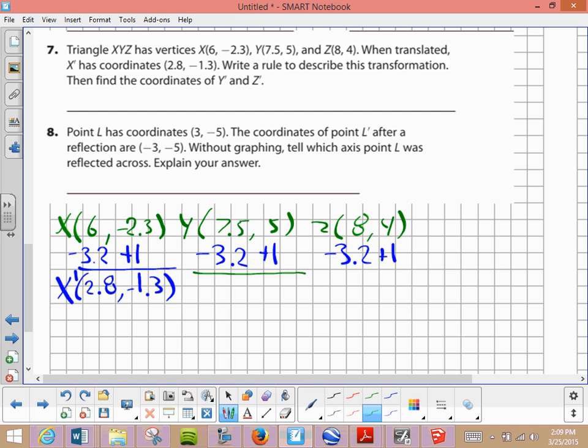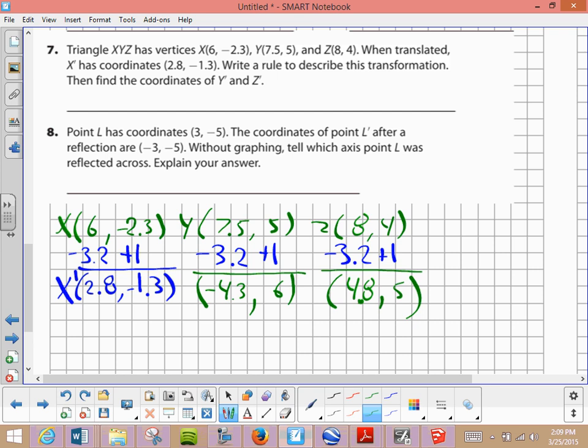So this one gives me 3, 4, negative 4.3, this is 6. And then I get here 4.5. Is that right? 4.8, sorry, what am I saying? It's right there. And then 5. There you go. So those are my new coordinates.